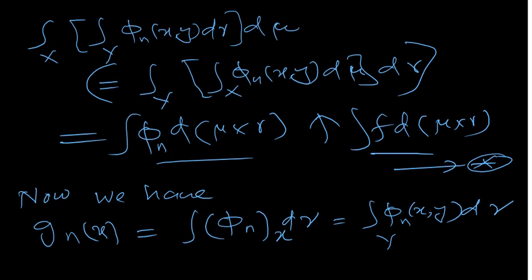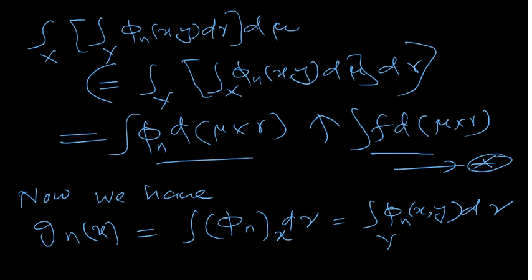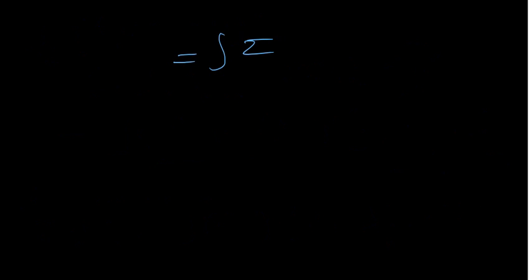Okay, this phi n x y is a step function, so let me see the previous page again. What's phi n x y? It's a step function, so it has a standard representation, so I can write it as the summation i runs from 1 to n of a i, they are non-negative real numbers here, times the measure, because we are integrating it with respect to the space.